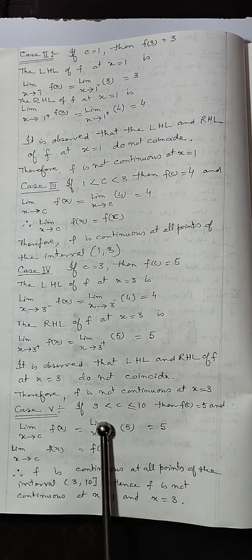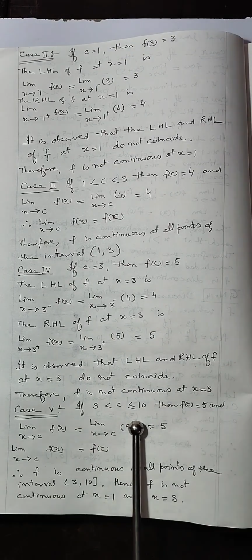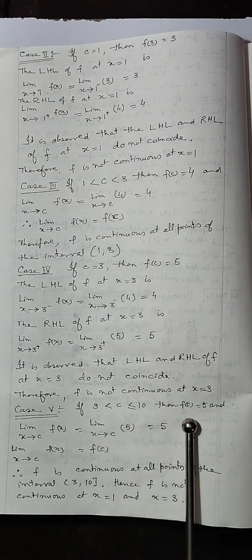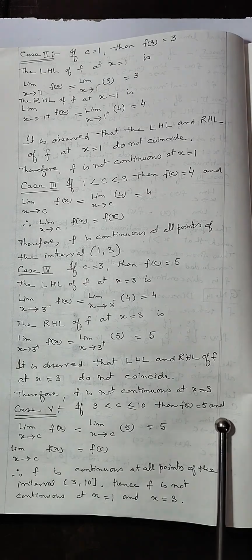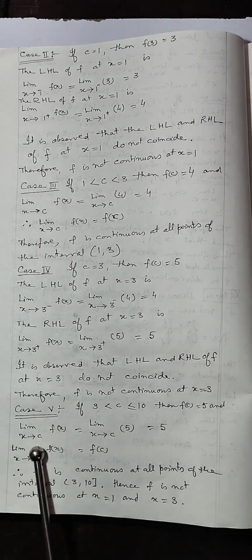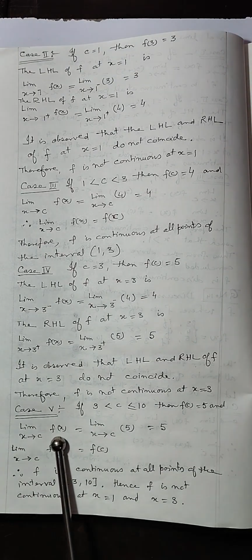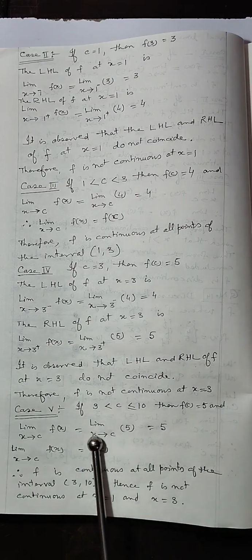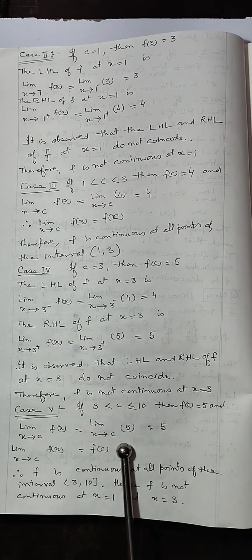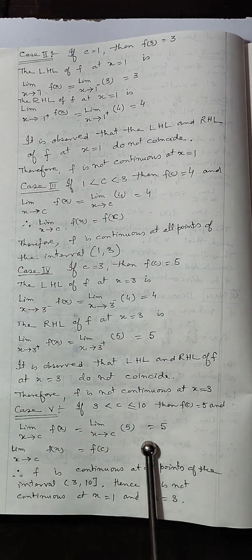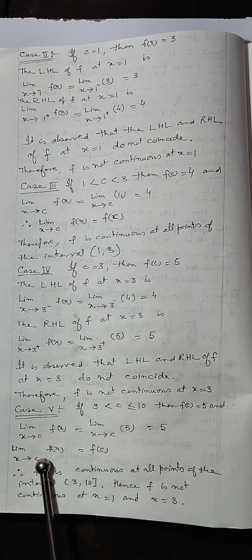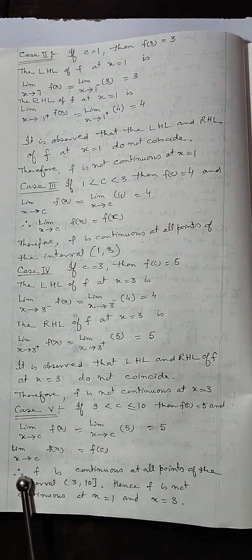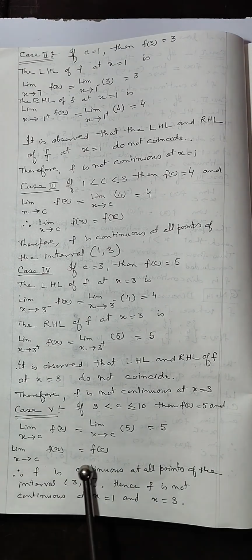If 3 is less than c and c is less than 10, then f(c) is equal to 5 and limit x tends to c, f(x) is equal to limit x tends to c 5, that is equal to 5. Now the limit x tends to c, f(x) is equal to f(c).